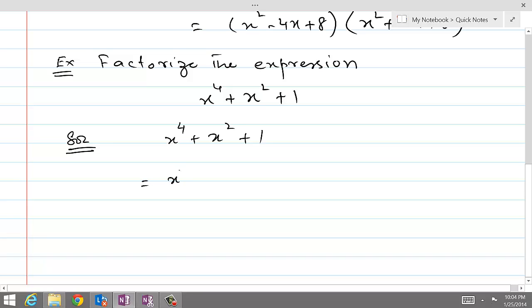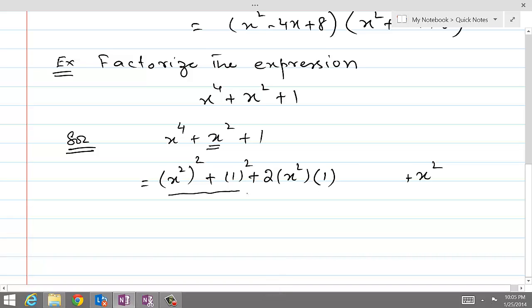For the solution, we write x⁴ + x² + 1, and we collect the term x⁴, which is the perfect square of x², and 1, which is a perfect square, and we write the middle term at the end, plus x². Now in order to make this a perfect square, we have to add 2 times x² times 1.